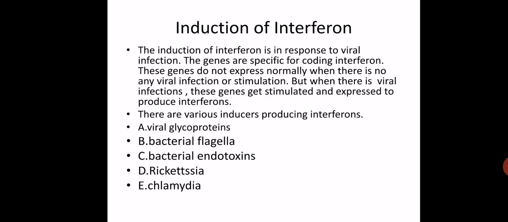Chlamydia is also a pathogenic organism, and it can also induce interferon production. So interferon is stimulated by certain inducers, for example, viral glycoproteins, bacterial flagella, bacterial endotoxins, chlamydia and rickettsia. These are the agents which induce production of interferon.